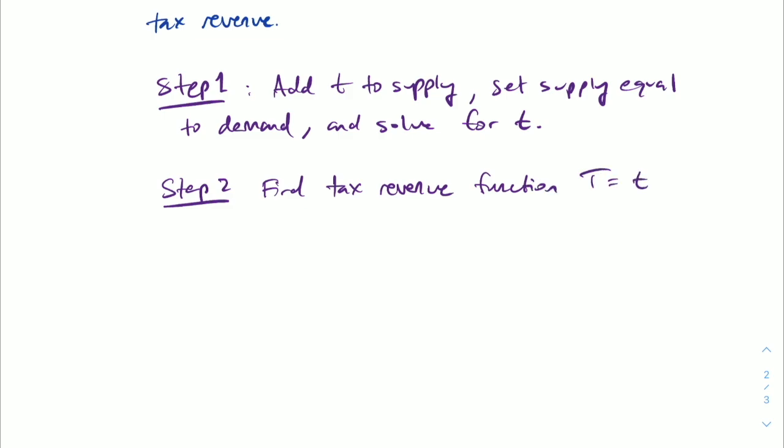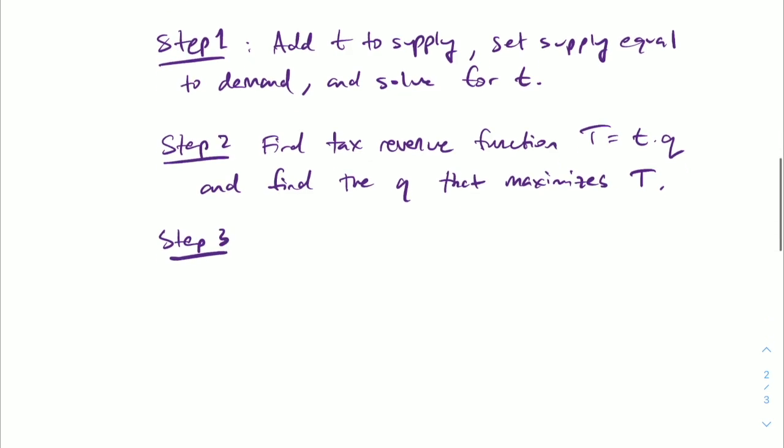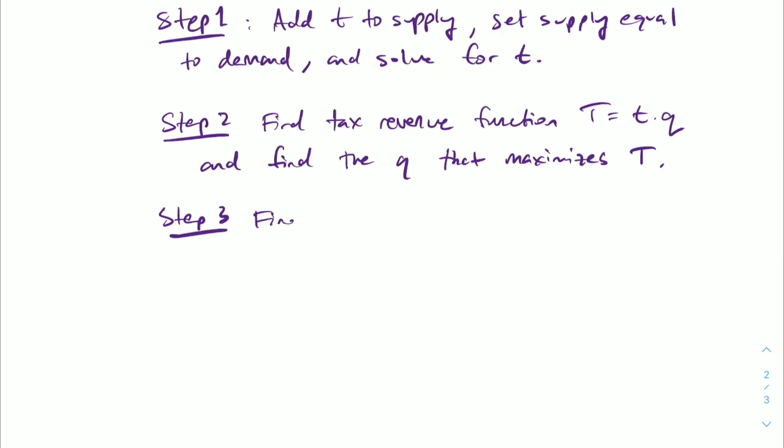Big T is going to be the tax per item times the quantity, so little t times Q. And we want to find the Q that maximizes this revenue. And then step 3, we're going to find the tax amount corresponding to this Q.